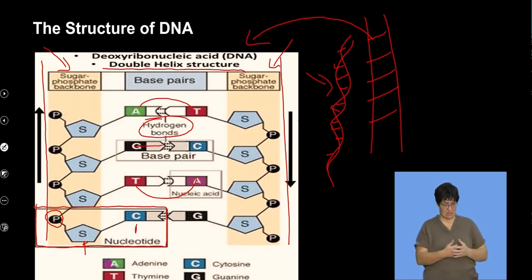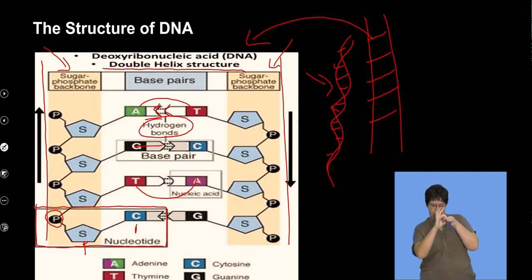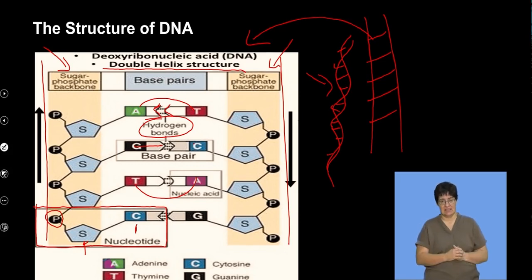What this model also represents is that there is a unique complementary shape between the adenine and the thymine, which allows only the adenine to fit in with the thymine and not with the cytosine, because these shapes do not complement each other. This is a representation of the complementary shape between an adenine and a thymine.